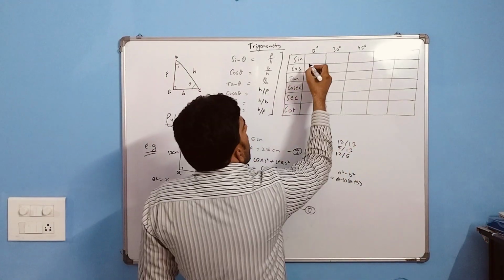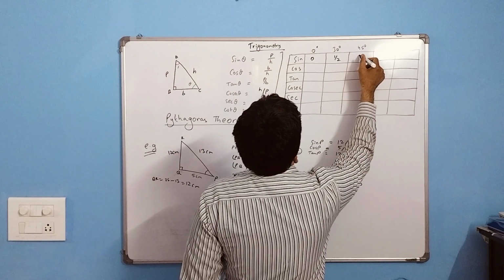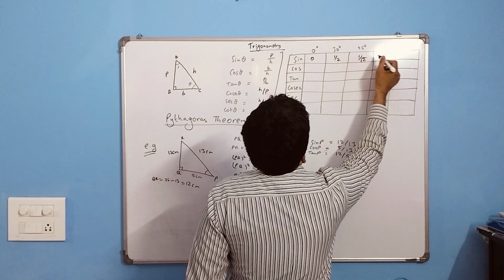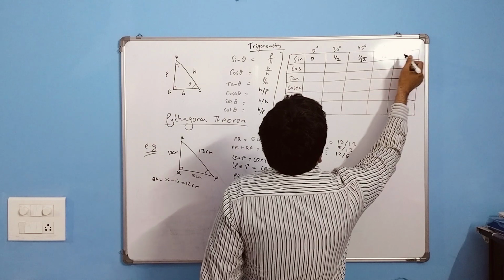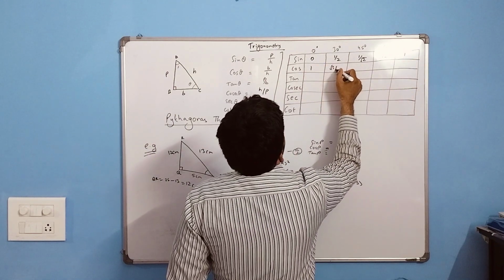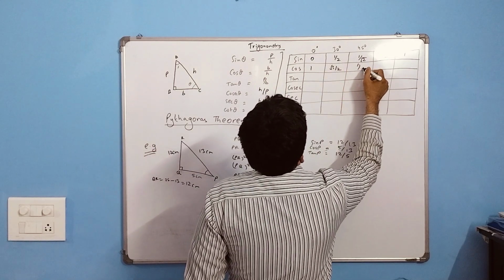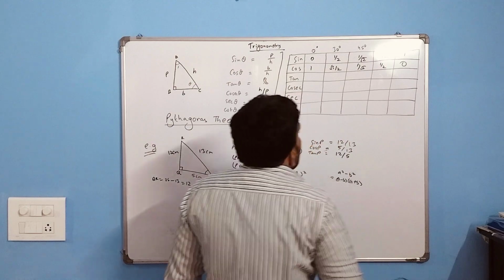Very easy. Sin 0 is 0. Sin 30 is half. Sin 45 is 1 upon root 2. Sin 60 is root 3 upon 2. Sin 90 is 1. And for cos you will write root 3 by 2, 1 upon root 2, half, 0.